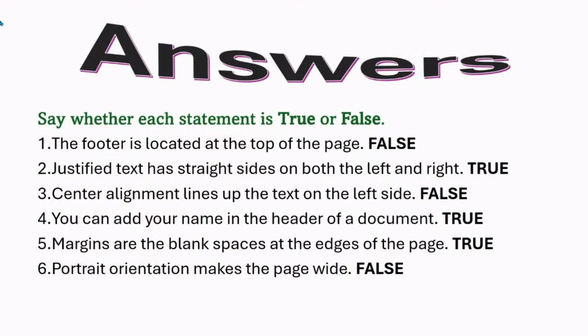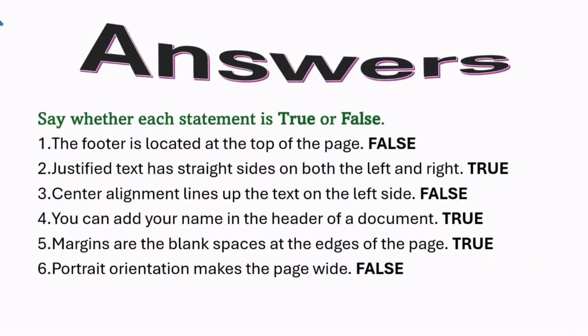So can somebody type in the comment and tell me what makes an object move or change or appear in a unique manner in a presentation? Animation, very good. Can somebody tell me what controls how we move from one slide to the next?